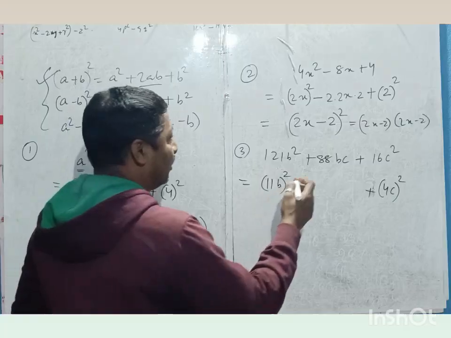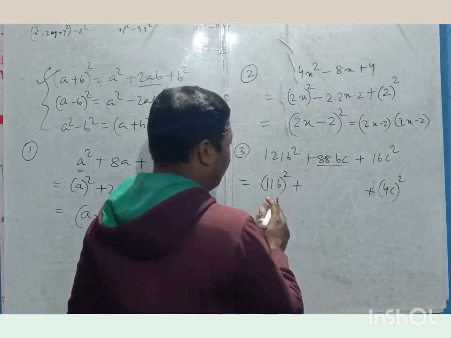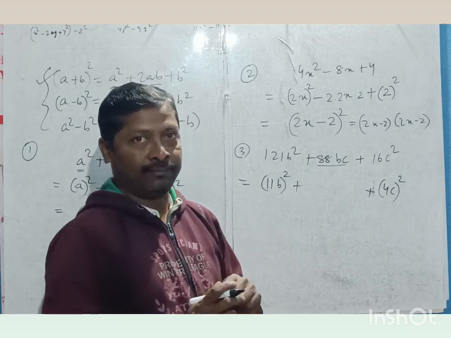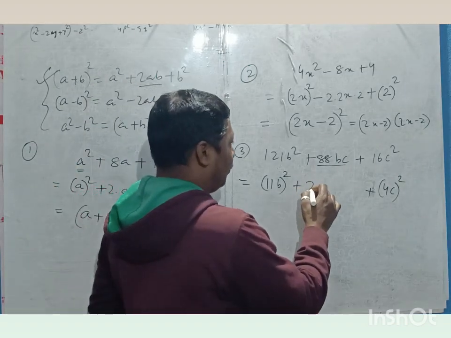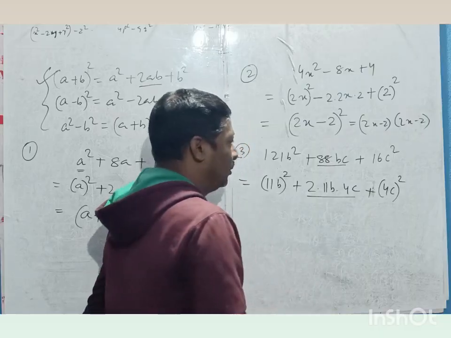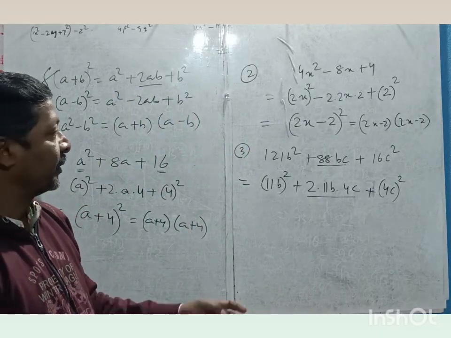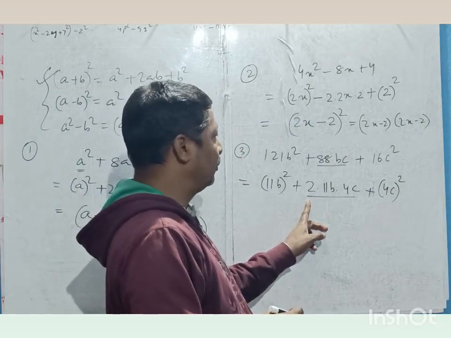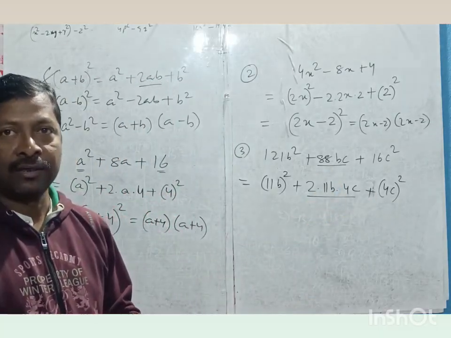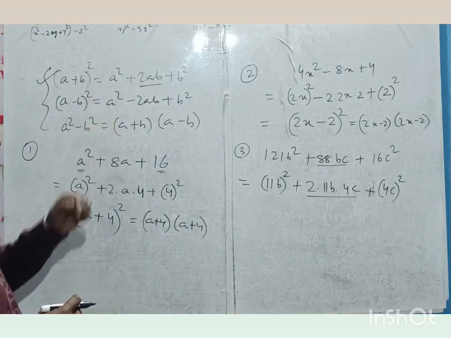Now I have to check whether it will be 2ab or not. What is a? 11b. And what is b? 4c. So I am writing 2ab, 2 into a into b. Now do the multiplication. 11 times 2 is 22, 22 times 4 is 88bc.